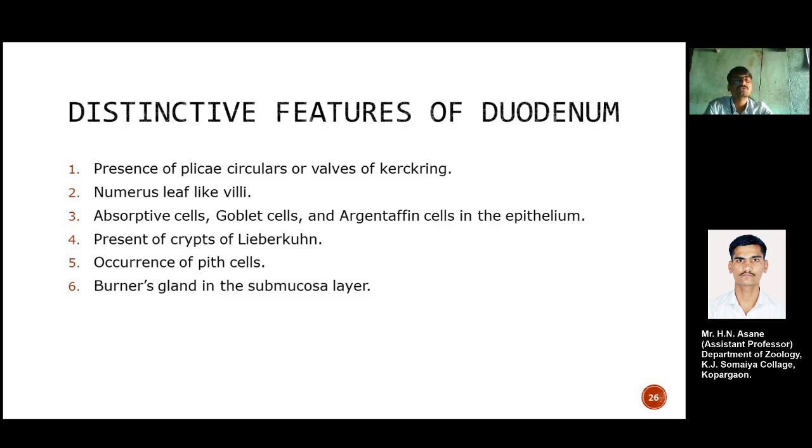Okay, so the duodenum also has the crypts of Lieberkuhn. Okay, and then the duodenum is going to present the occurrence of Paneth cells. Okay, then the main highlighted point of the duodenum, Brunner's gland, is present in the submucosal layer of the duodenum.